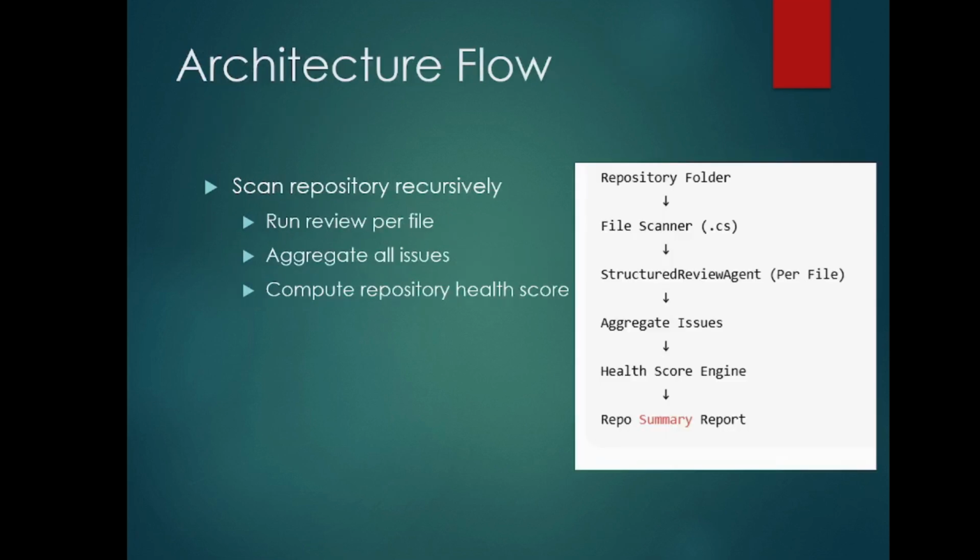In the repository, we have a proper solution folder, and each file gets scanned. Then our review agent, as you know, is our .NET app talking to the LLM. Here we are using the local LLM Ollama through Semantic Kernel. Semantic Kernel is the mediator between our .NET app and the LLM. The language is C#, and it will run through these files, send the file information with the system prompt to the LLM, and come back with the aggregated issues.